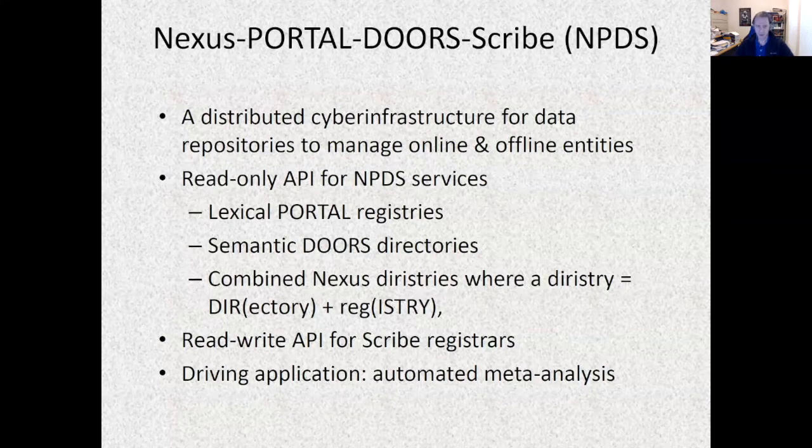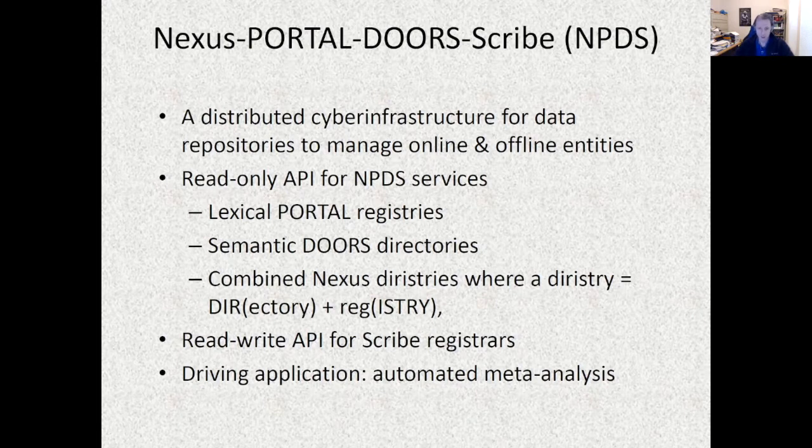We have evolved it into what has become a read-only API for the NPDS read-only services, including lexical portal registries, semantic doors directories, a combined approach, which we call nexus directories. That's a combination of directory and a registry.